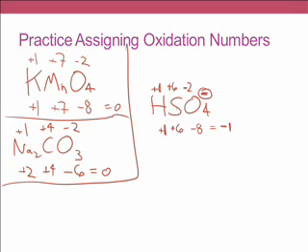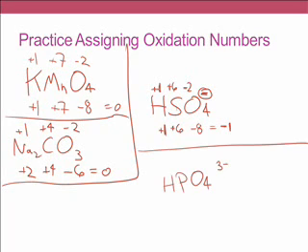Let's try another polyatomic. Okay, what about HPO4 3-? So together they must add up to be 3-. Oxygen, we start there as a charge of -2. 4 of them have a total charge of -8. Hydrogen has a charge of +1. One of them has a charge of +1.